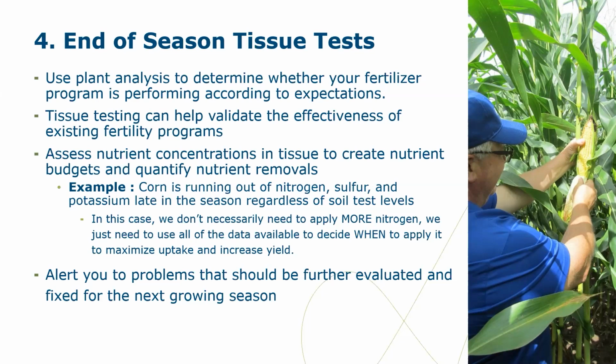The timing of plant tissue tests will alert you to problems that should be further evaluated and fixed for the next growing season. So it's very common if you do the late season plant tissue test that they will follow up with an early tissue sample the next year in that field just to catch any problems.